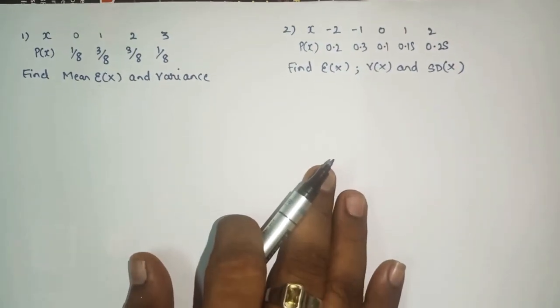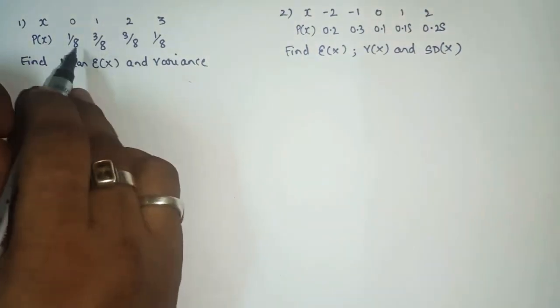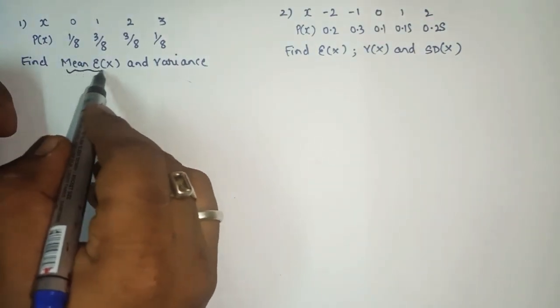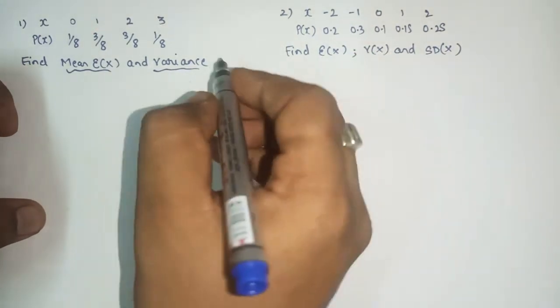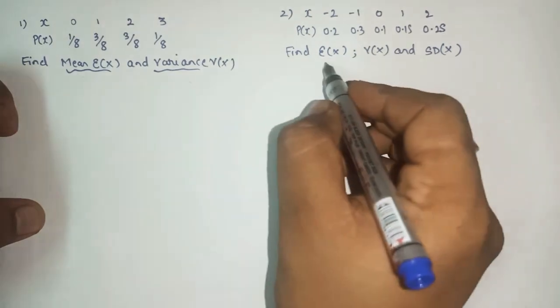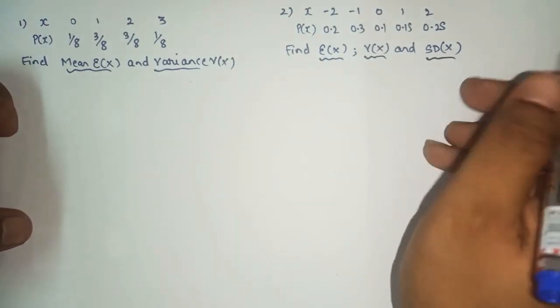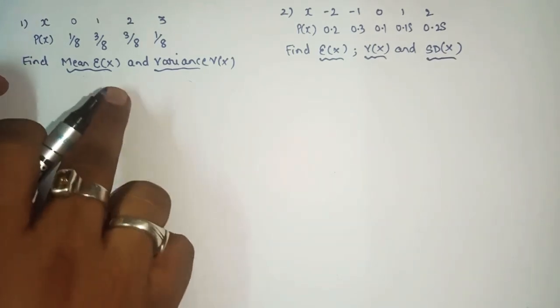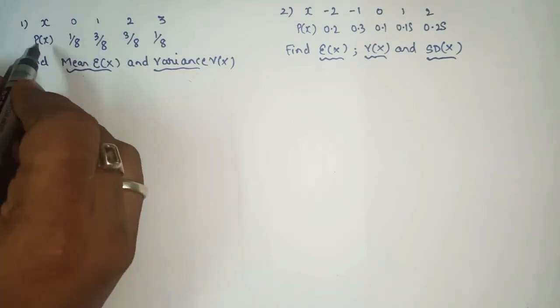Now here we have two examples. In the first example we have to find mean and variance, and in the second example we have to find expected value, that means mean, variance as well as standard deviation. So first we'll focus on the first example, as this is known as xi and this is known as pi.